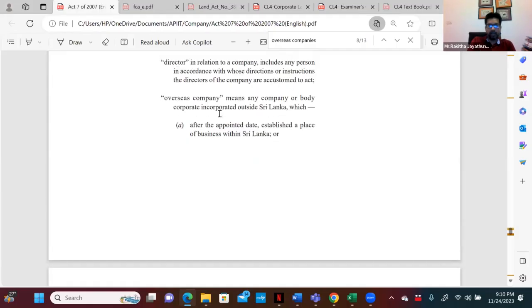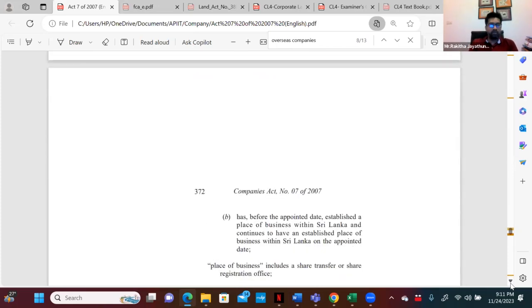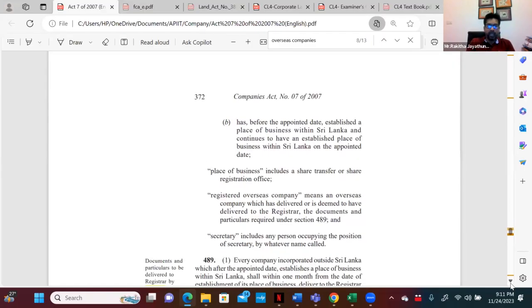Overseas company means a company or body incorporated outside Sri Lanka, already incorporated, let's say in the UK, which after the appointed date establishes a place of business within Sri Lanka. You incorporated outside Sri Lanka, then you have a place of business in Sri Lanka also, then you can register it as an overseas company. Most of the branches, like most of the banks, Deutsche Bank, Citibank, they are considered as overseas companies anyway.